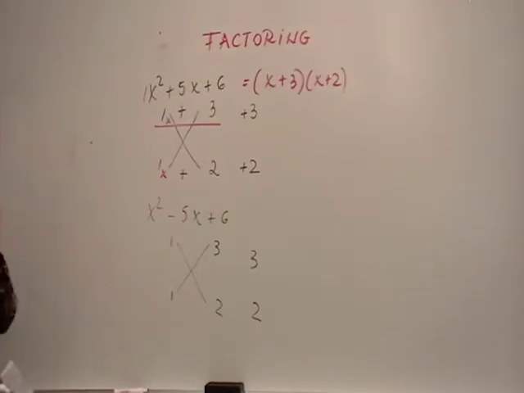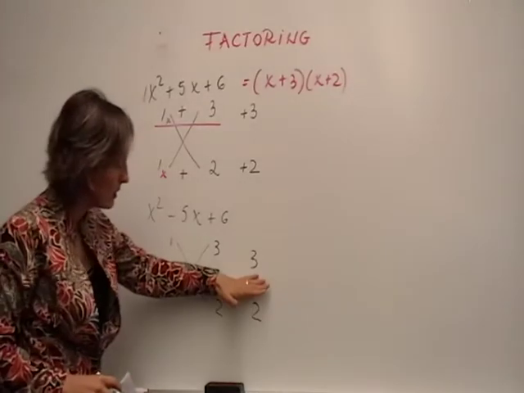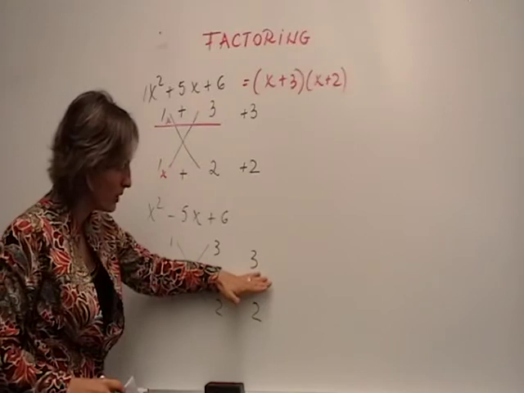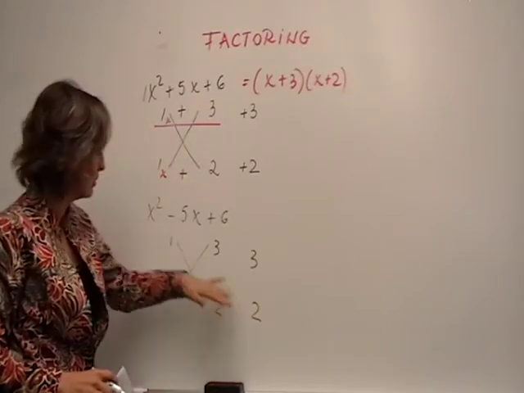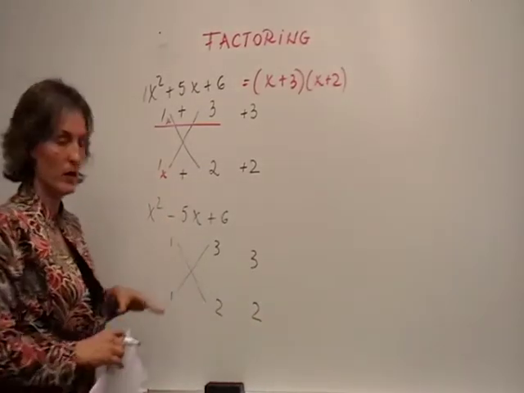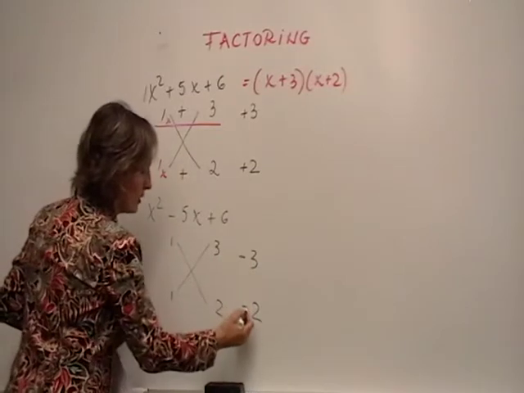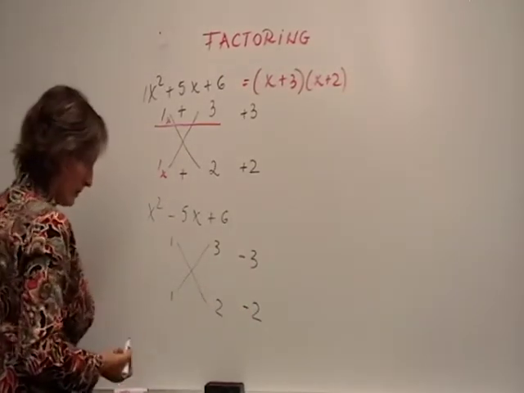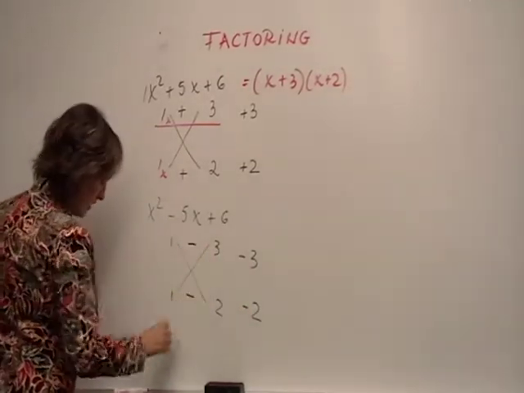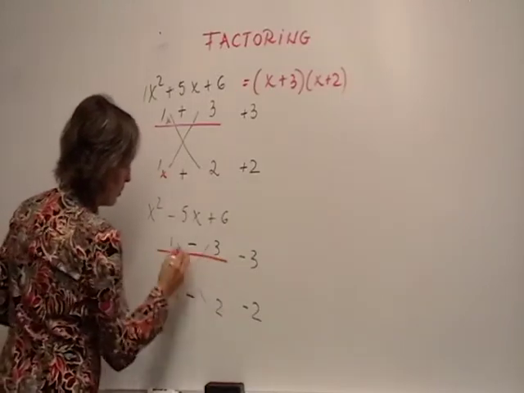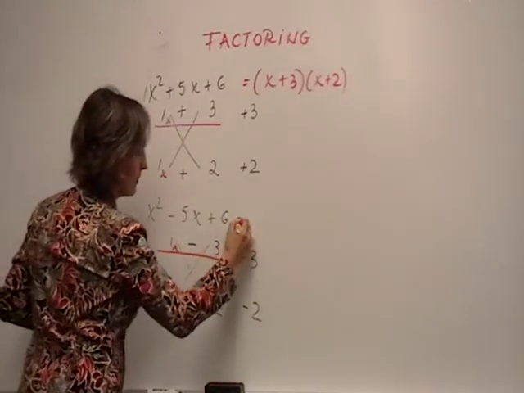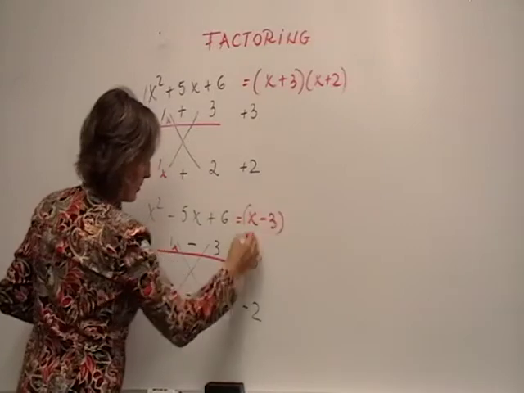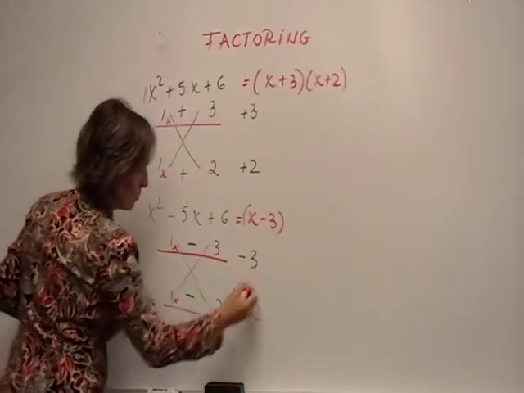Now let's look at the sign. Which kind of sign do I have to have for 3 and for 2 to get negative 5? Negative 3, negative 2. Correct? So my answer is going to be 1x minus 3 and 1x minus 2.